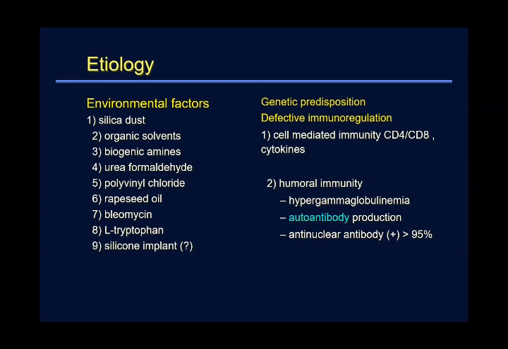Organic solvents, biogenic amines, and urea are all agents which can lead to some autoimmune disturbance, precipitating an inflammatory disease leading to multisystemic involvement.